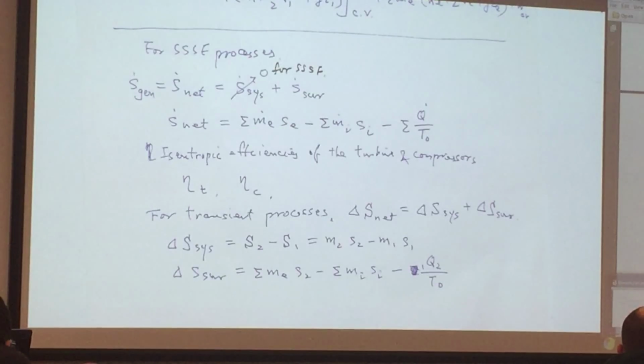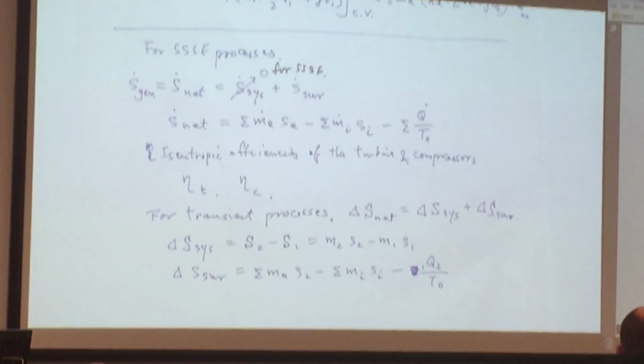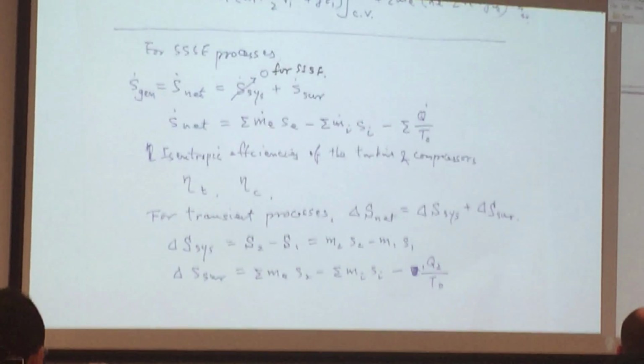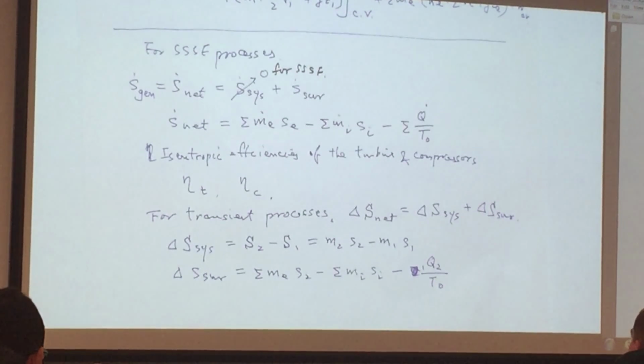Then we need to understand, for all these open systems listed in section 2, how to calculate the entropy change from the mass transferred across the boundary.